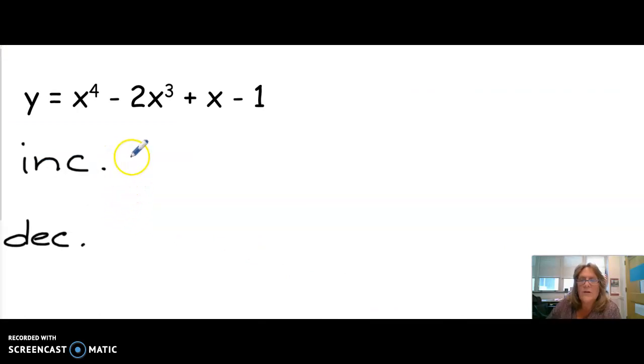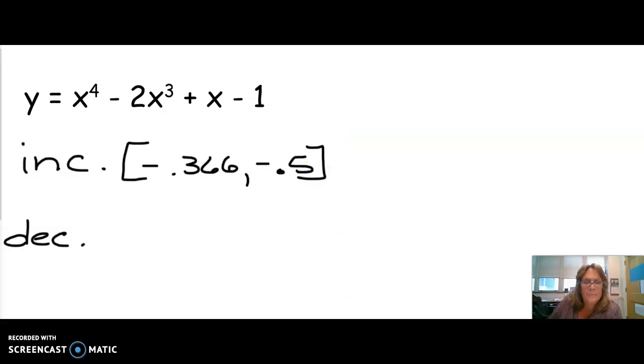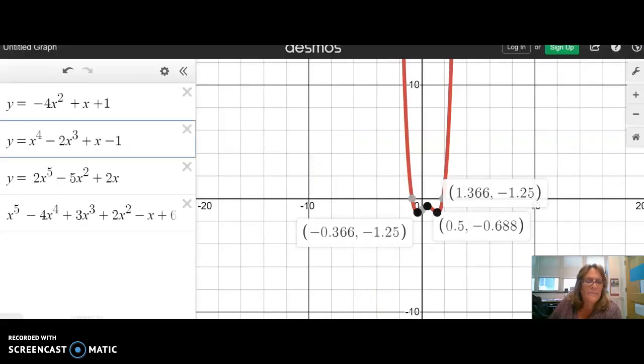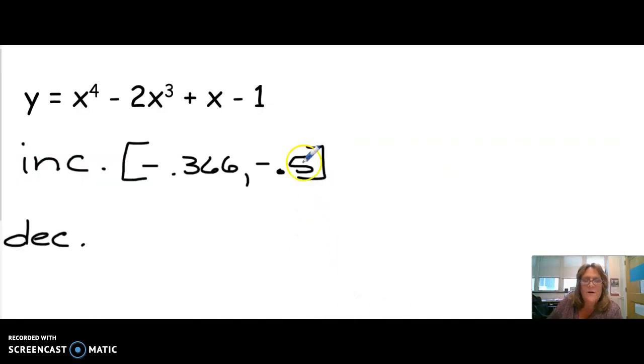And look, I'm only looking at my x values. Oh, it's positive, sorry, positive 0.5.